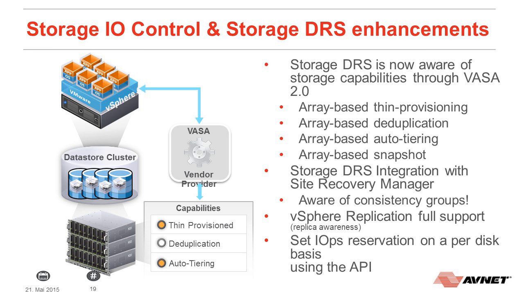And any time that we can hand off those tasks from the ESXi host to the array, we get a little bit of performance improvement, plus we're minimizing that workload on the ESXi hosts every chance we get. So we can now take advantage of array-based thin provisioning, deduplication, auto-tiering, and snapshot behaviors, and those can all be taken advantage of through DRS. So storage DRS knows how to use those with those VASA-capable storage enclosures.